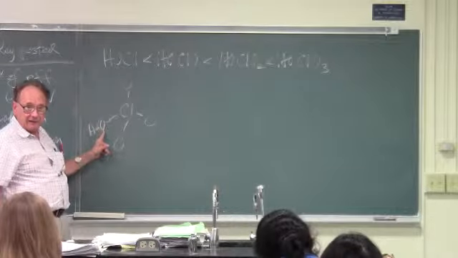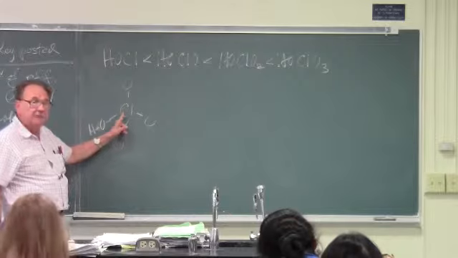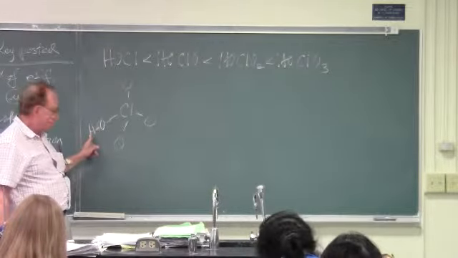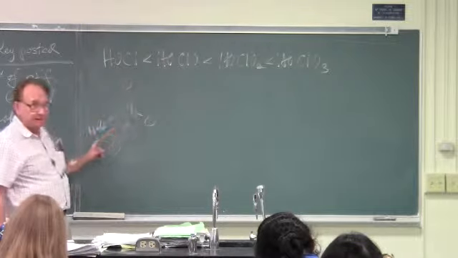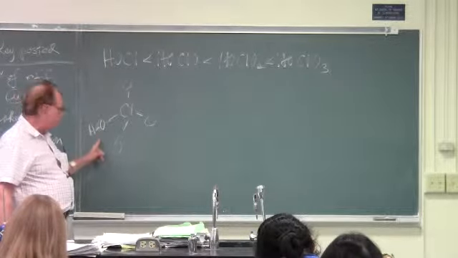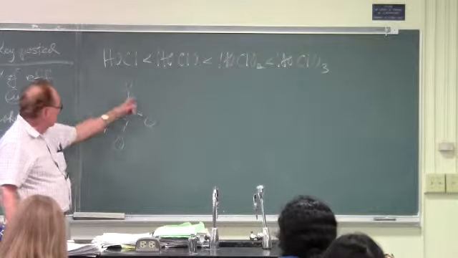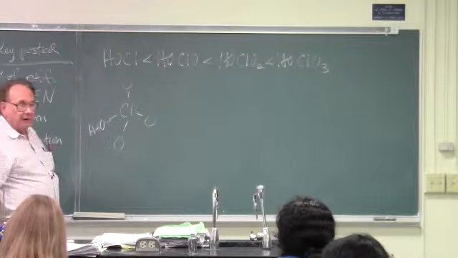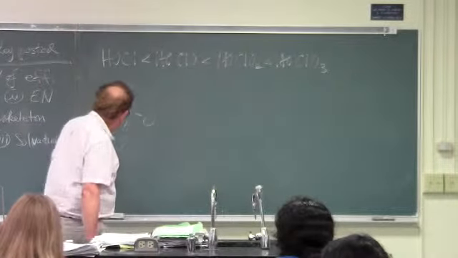This is not a peripheral oxygen atom, because this oxygen atom, while being bonded to the chlorine central atom, is also bonded to this hydrogen atom. So this is part of the skeleton of this molecule. I mean, they're all part of the skeleton, but this is a skeletal atom rather than being a peripheral atom. Okay?